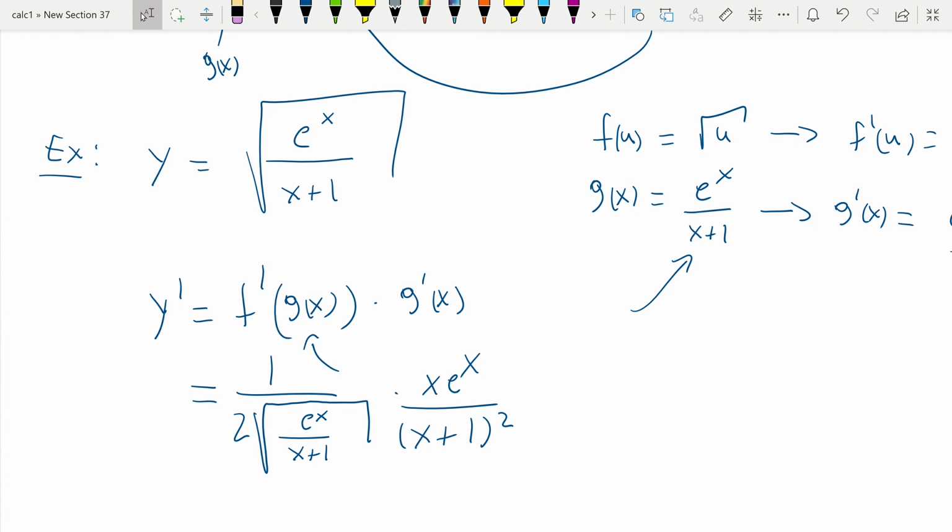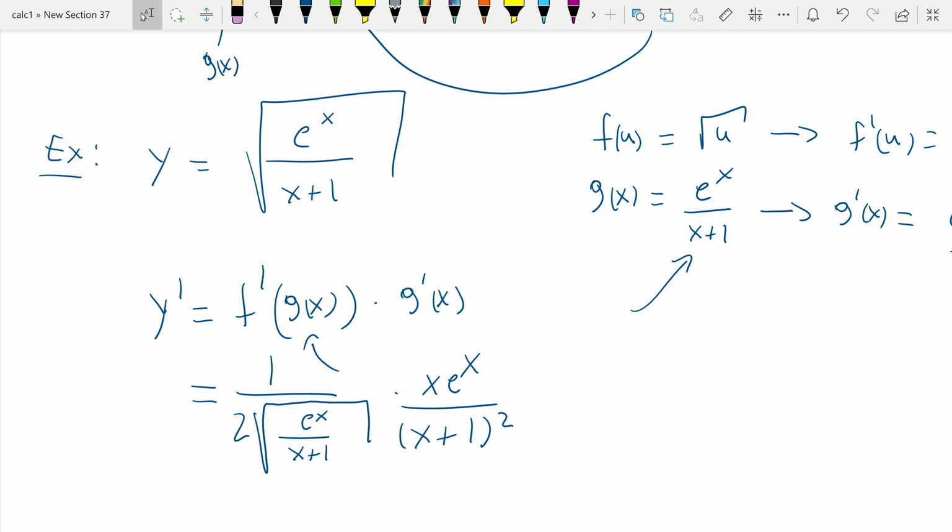Okay, so y prime is equal to this expression here. And so those are the first two examples of the chain rule. We'll continue with some more examples, but we will try to make the point that the most important thing about the chain rule is to apply it to solving problems.